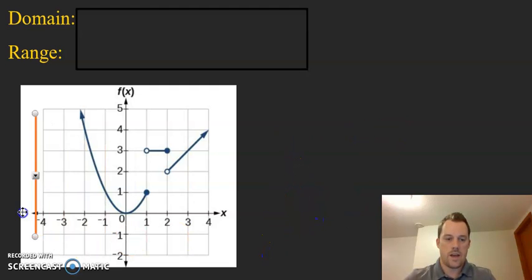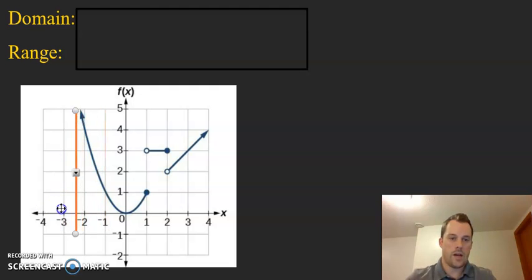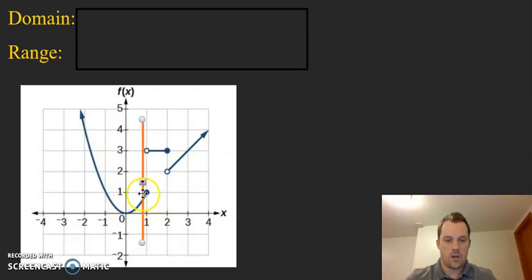So along our x-axis, as we go to the left, even though it looks like it's going up and it's not going to get to some of these values, there is an arrow as we go left, so that goes to negative infinity. And now this first component goes up to 1, and that's a closed circle. So that means that 1 is included in our domain for this component.